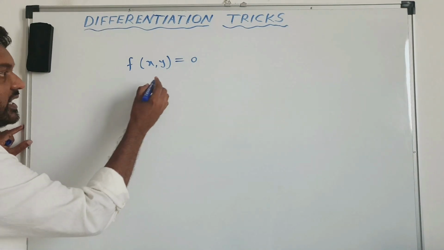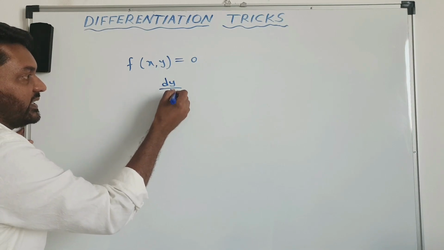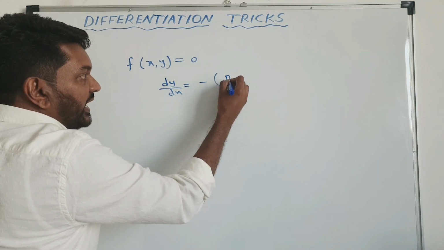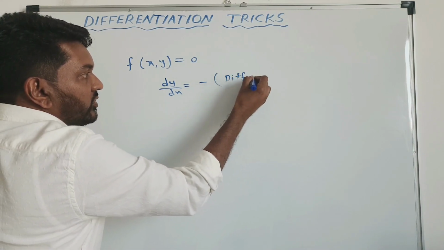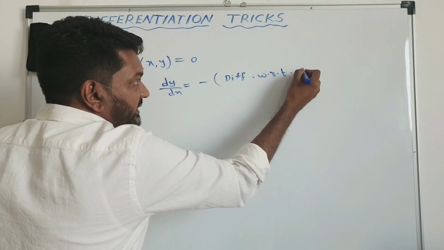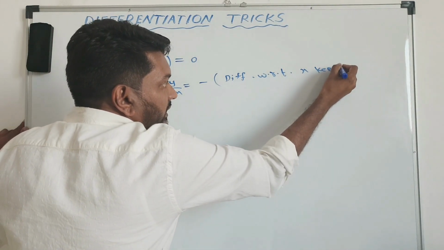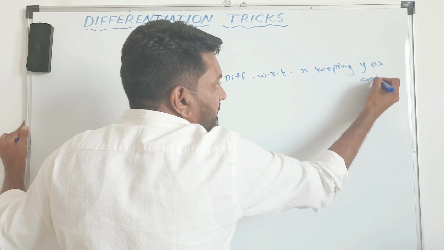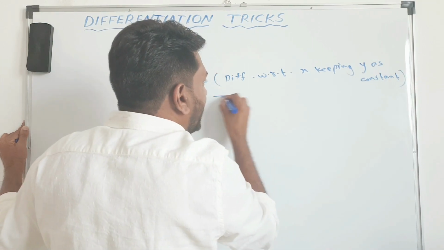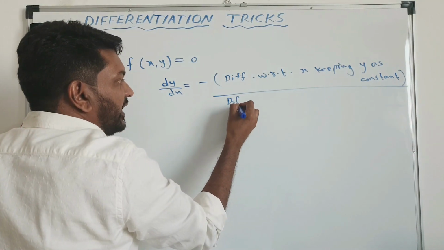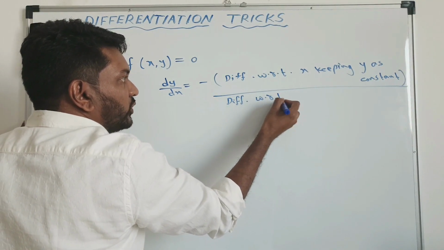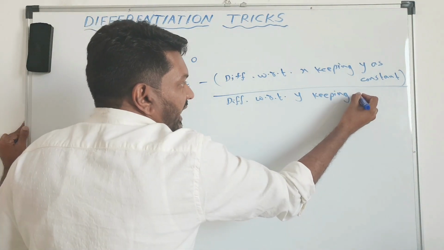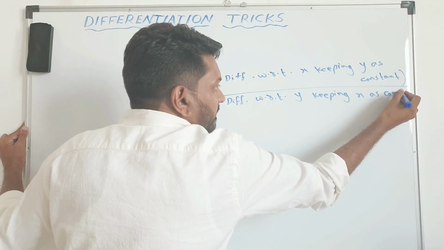So the implicit function differentiation quick way is like this. Dy by dx is minus of differentiate with respect to x, keeping y as constant, divided by differentiate the same function with respect to y, keeping x as constant.